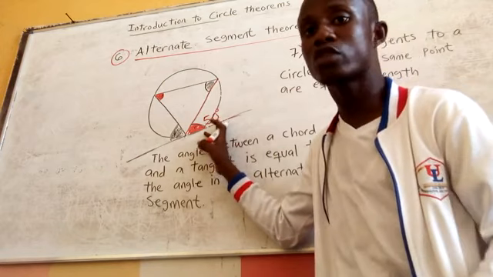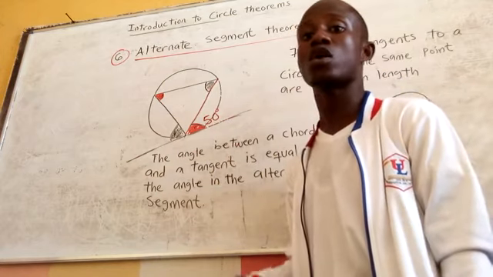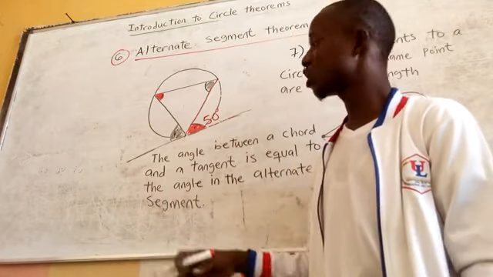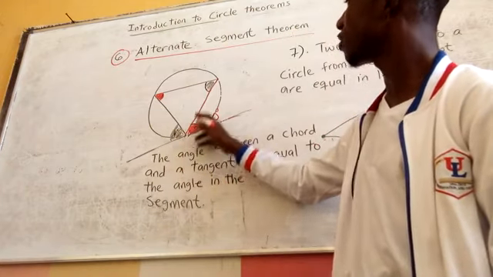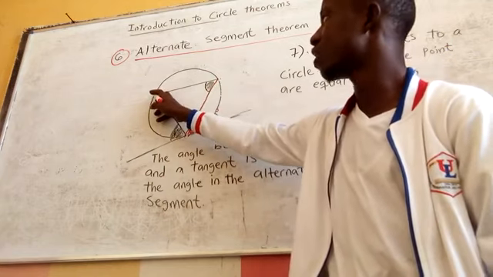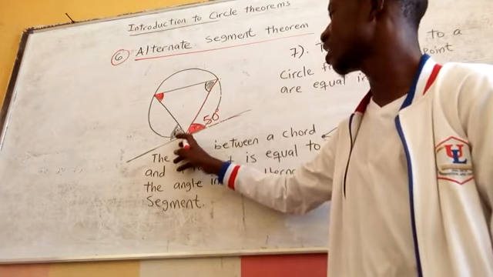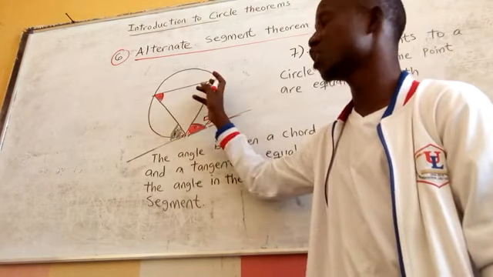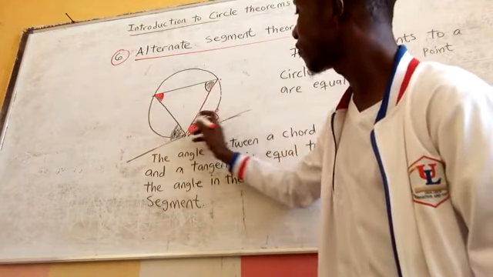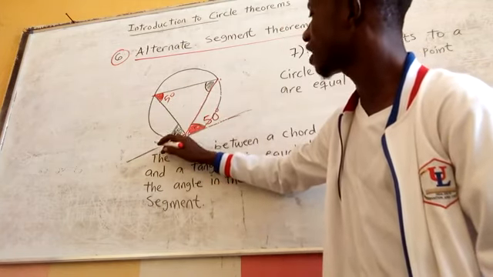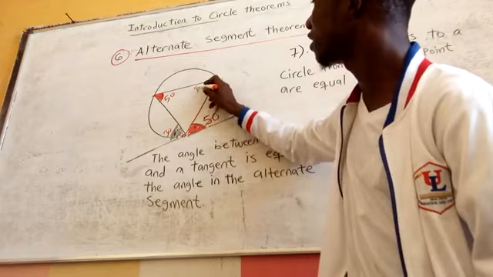One of the easier ways to identify the angle in the alternate segment is by moving 3 places. So there is point 1, point 2, point 3. At the third point is the angle in the alternate segment. If we're using the side here, there is point 1, this is point 2, this is point 3. So if we have 50 degrees here, it means here will be 50 degrees. If we have 30 degrees here, it means here will be 30 degrees.